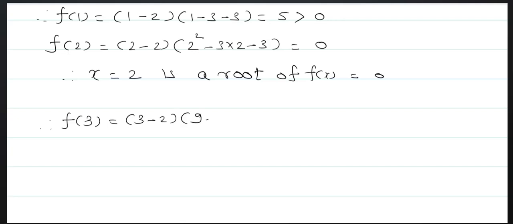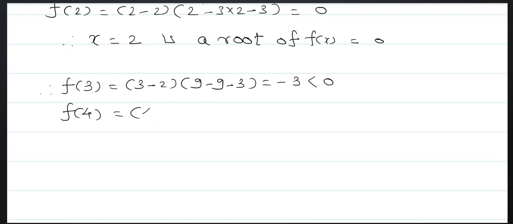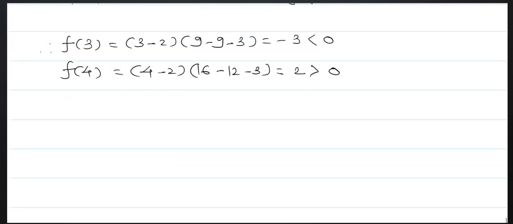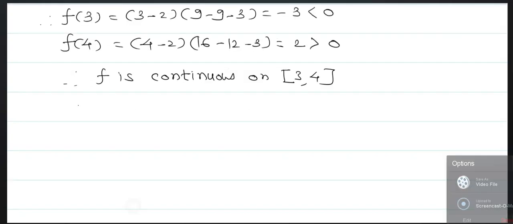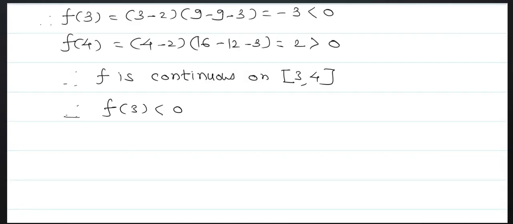Now, f of 3, which is negative, and f of 4, which is positive. Again, the root lies between 3 and 4. Therefore, f is continuous on closed interval 3 to 4. f of 3 is negative, f of 4 is positive.